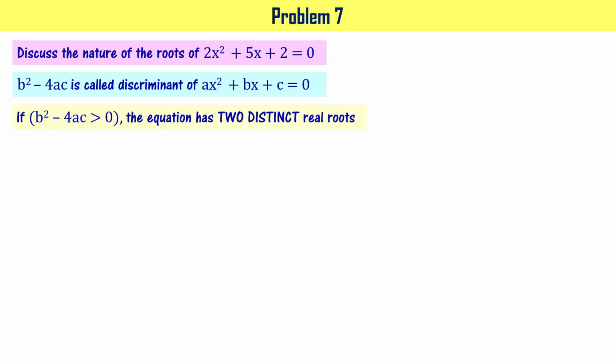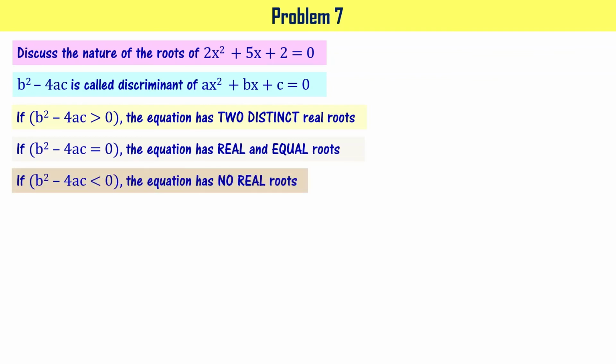If b square minus 4ac is greater than 0, then the equation is going to have two distinct real roots. If b square minus 4ac is equal to 0, then the equation is going to have real and equal roots. If b square minus 4ac is less than 0, the equation is going to have no real roots, right?